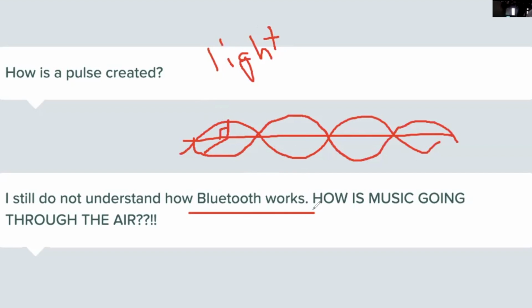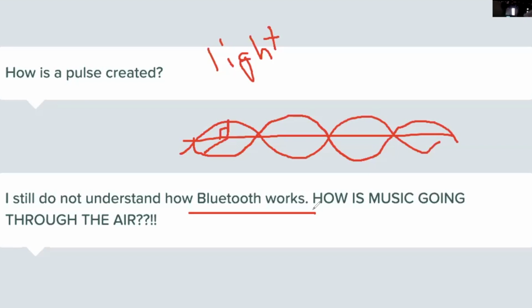Bluetooth: I'm not going to explain fully how it works, but basically the digital signal is turned into a wave, and it emits that from your phone, and that wave goes to the Bluetooth device, say your headphones. Your headphones convert that wave.